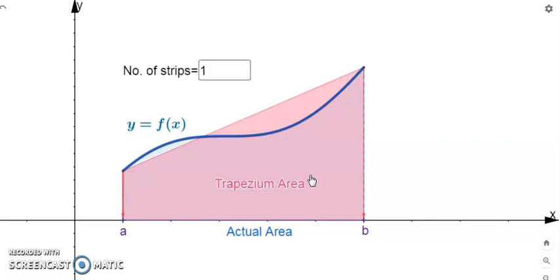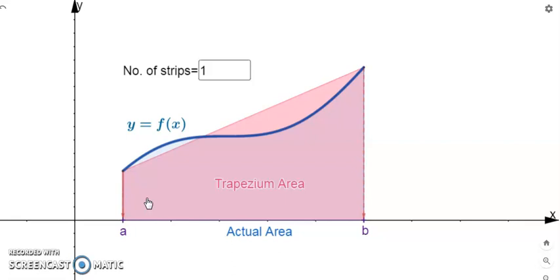So how can we use this trapezium to estimate the actual value of the definite integral? Of course, using only one trapezium is not good enough to approximate the actual value of the area under the curve, which corresponds to the definite integral.